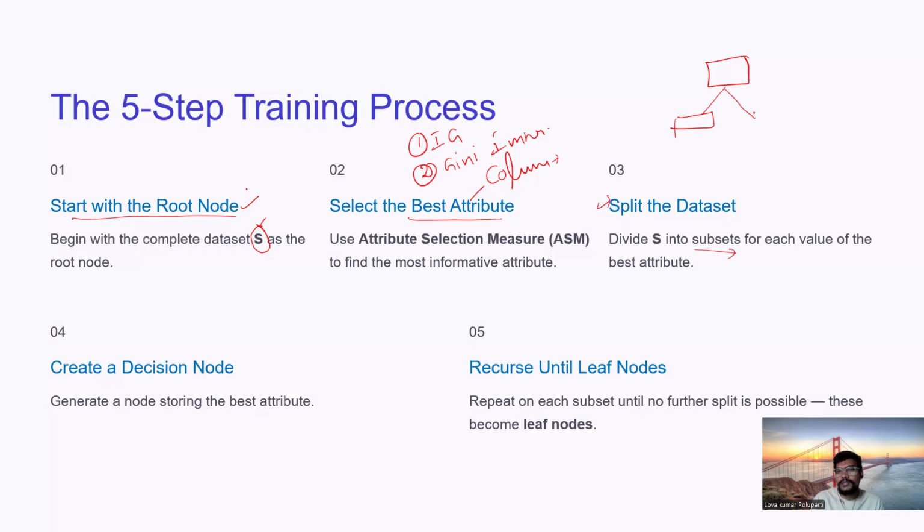Slowly the splitting continues, and this process keeps happening until we get the leaf nodes. This is the way the decision tree is fully trained, by making the splitting and finding the best attribute. The existing data will be trained.